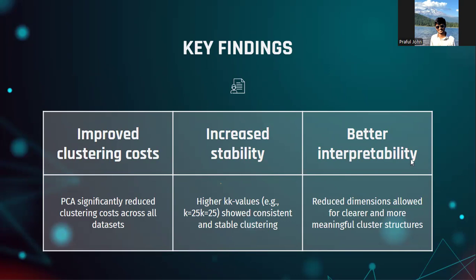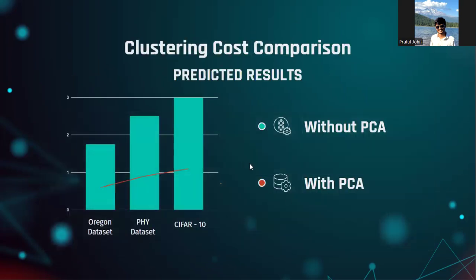It also improved interpretability, reducing the data dimensions to clearer and more meaningful cluster structures. This is a graph that shows the cost before PCA and the cost after PCA. So it was a significant jump for a high dimensional data set.